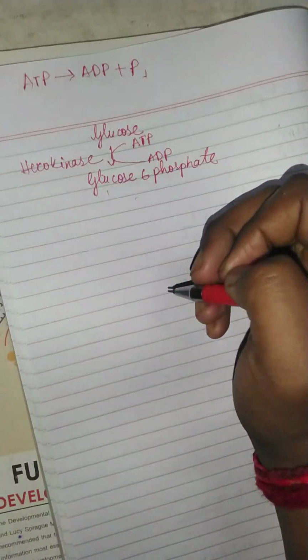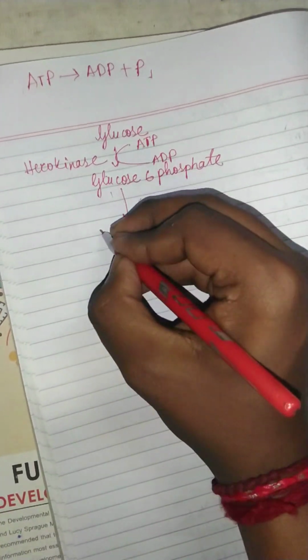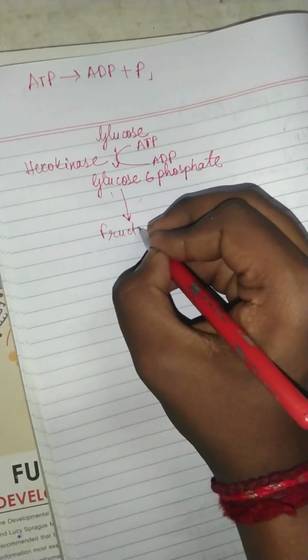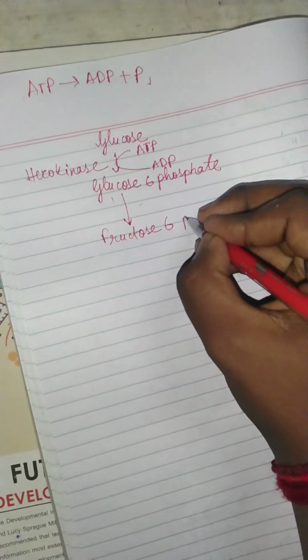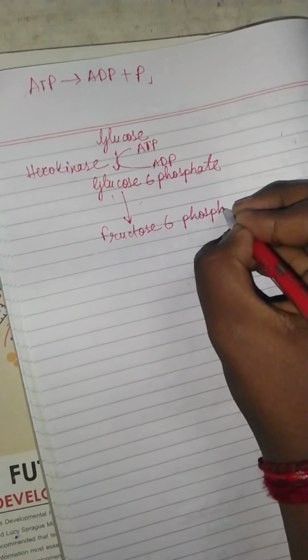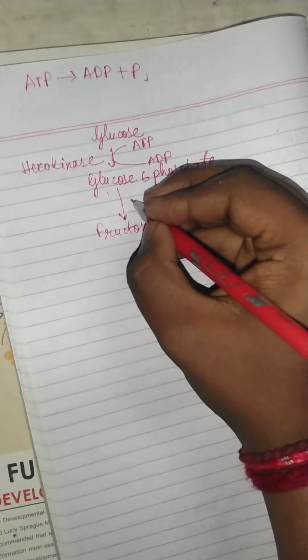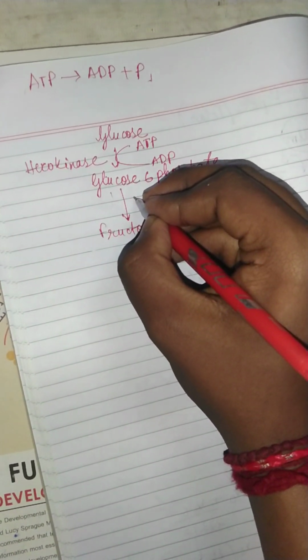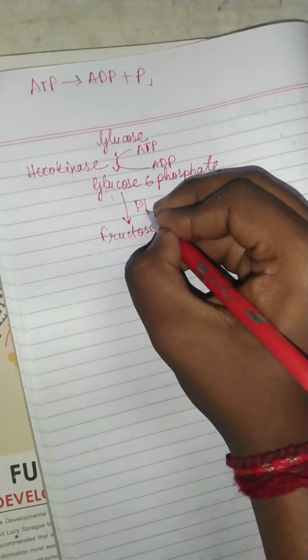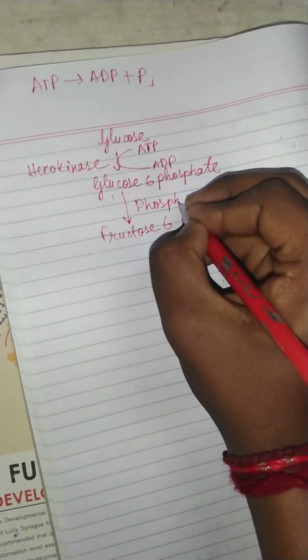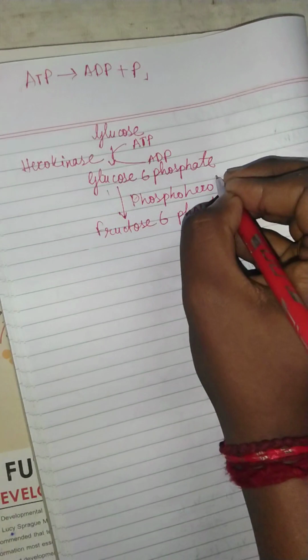Next, this glucose 6 phosphate converts into fructose 6 phosphate by the presence of the enzyme phosphohexoisomerase.